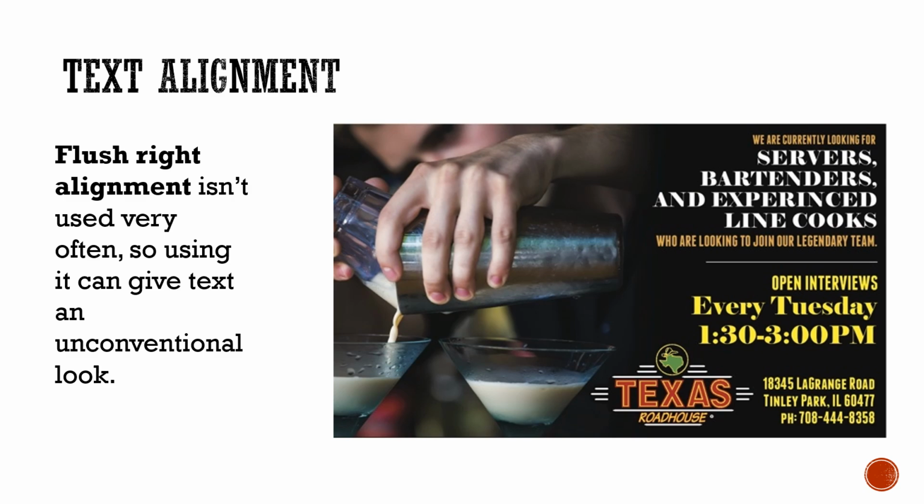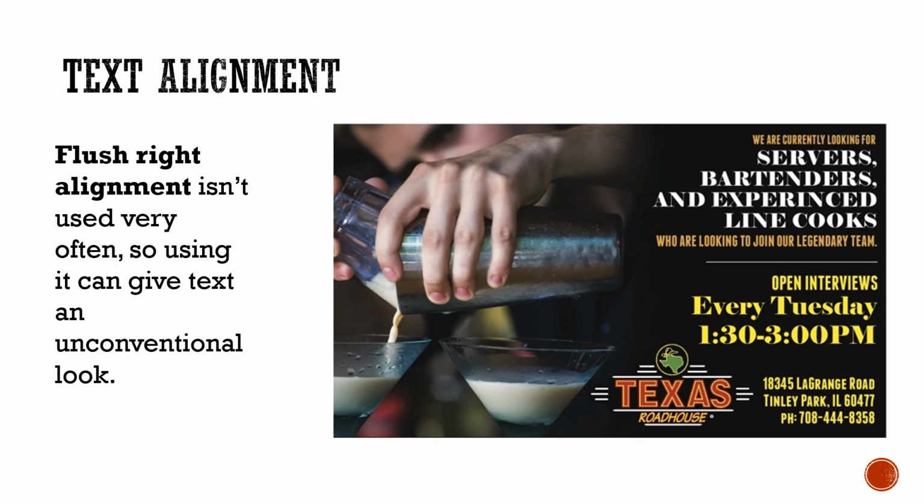Now, flush right alignment isn't used so often, so using it can give text an unconventional look. Flush right alignment is much less common than the other types, so it's often used to give elements a unique or offbeat look and feel.